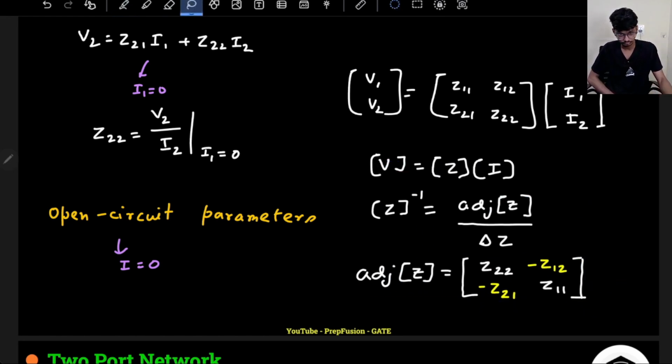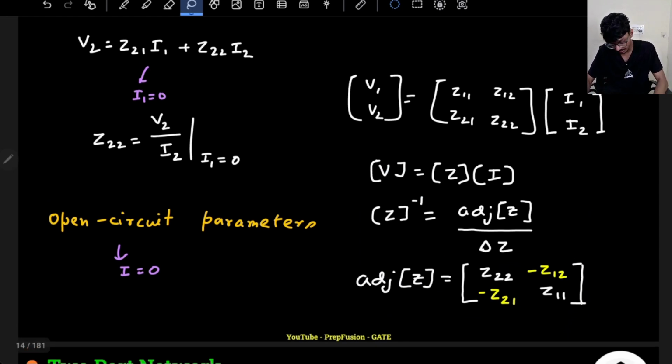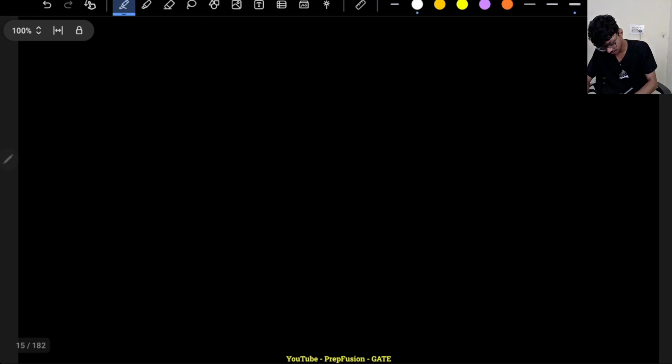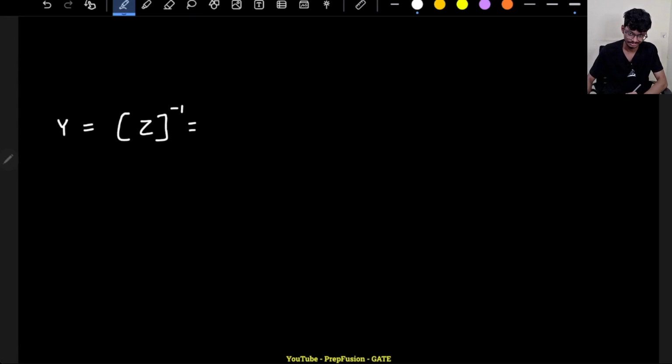So ultimately, what will be the inverse of Z? This is important because this will be my Y parameter, which I will discuss in the next lecture.